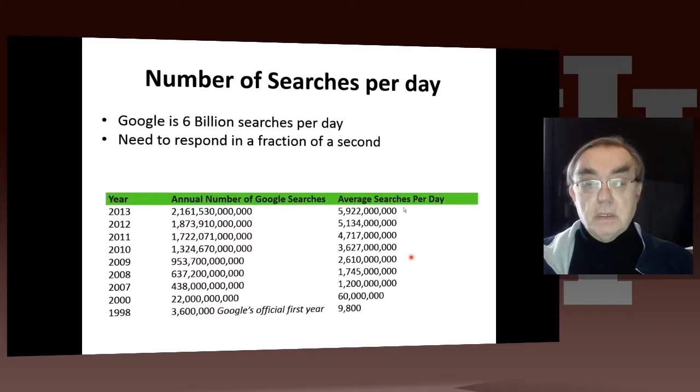But 6 billion per day is not so trivial. And remember, we have to respond to all of these in a fraction of a second. That's 0.15 seconds, my magic number, because your brain doesn't do much in 0.15 seconds. But it does a lot even in 1 second. So it gets very frustrated if you wait a second.